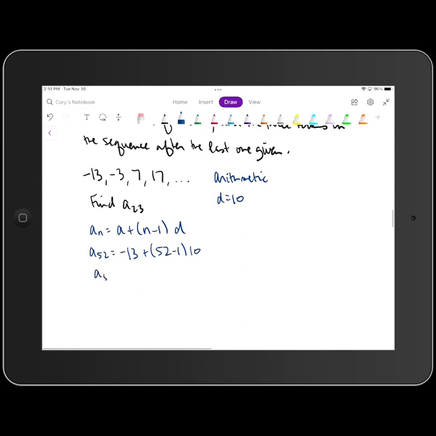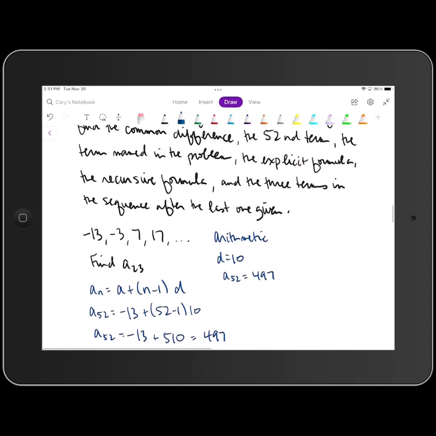So that makes a of 52 equal to negative 13 plus 52 minus 1 is 51 times 10. That's 510. And negative 13 plus 510 is 497. So the 52nd term, a sub 52, is equal to 497.